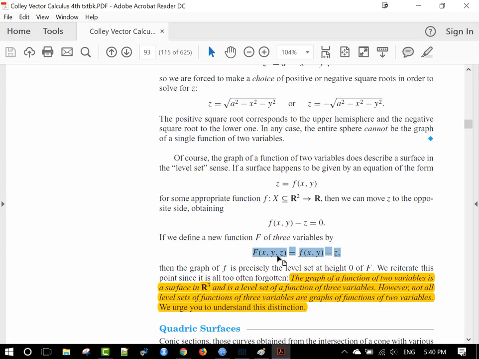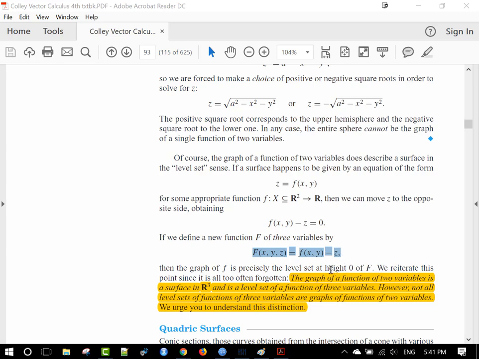Then the level set of this one, the specific one where C is equal to 0, is a function. So the level set of this particular capital F, when this equals 0, when C equals 0, that will be a function.